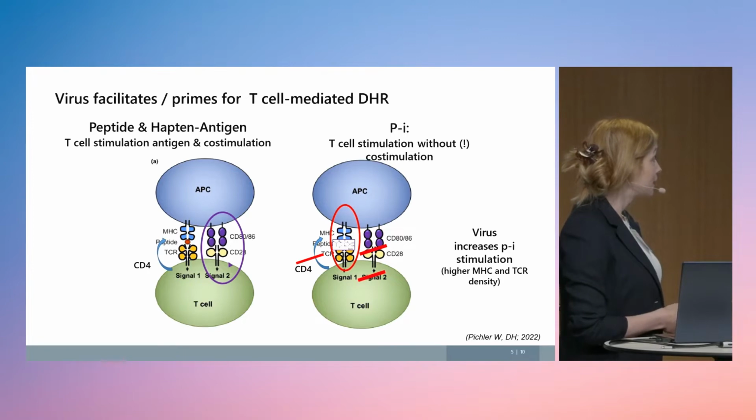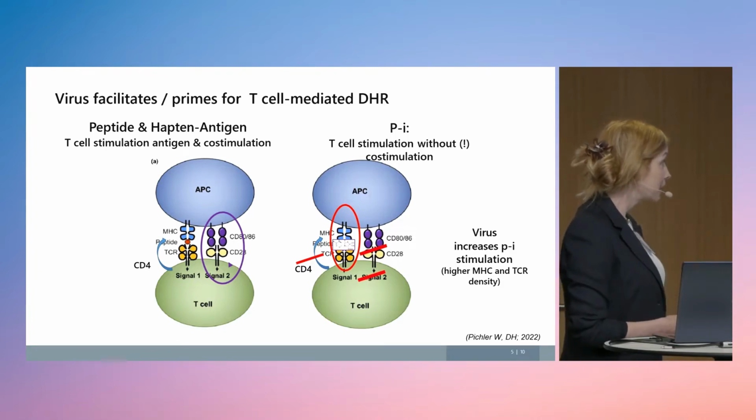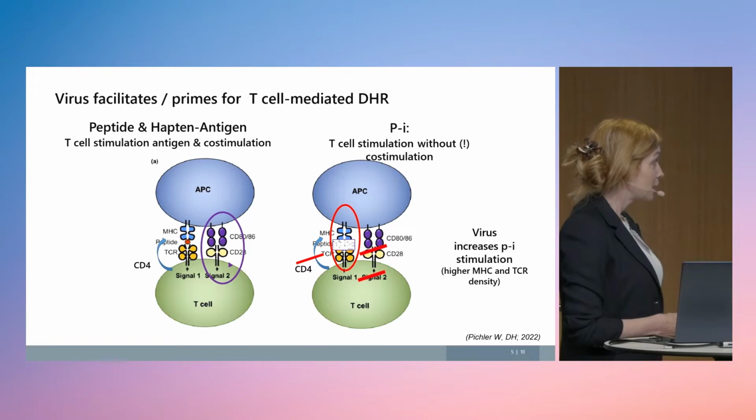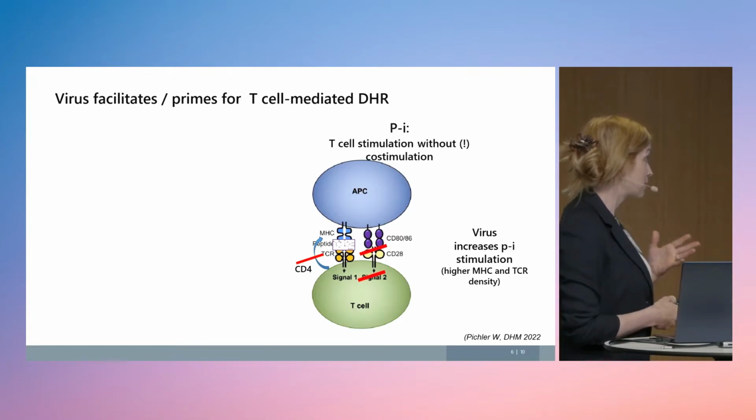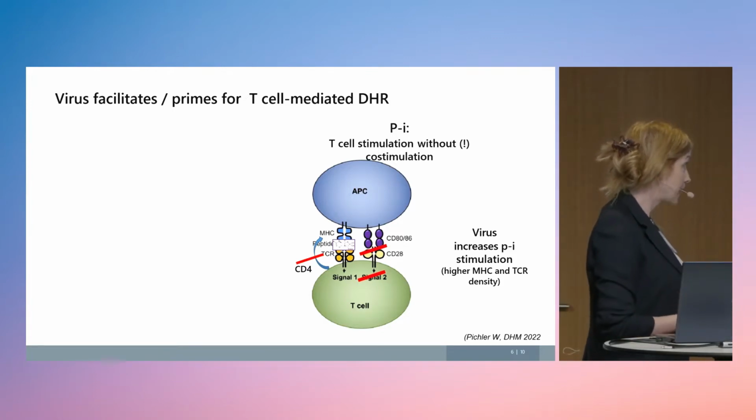But in this PI concept, stimulation, which normally would not necessarily provoke an activation of the T cell, could actually change in the presence of a virus, because basically we might have an upregulation of MHC and also of the T cell receptor density on the cell.